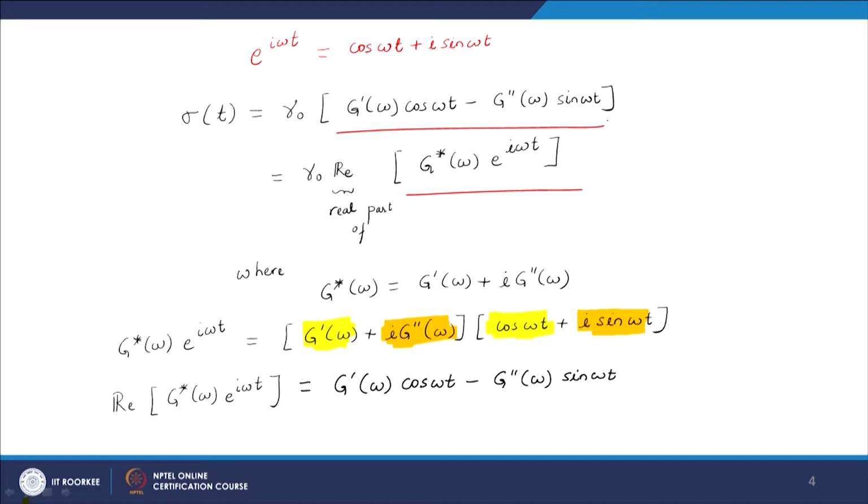Okay. So, instead of working with two functions, I can work with one function that is complex in nature, and in that complex function the real part is my storage modulus that characterizes the solid nature of it, and the imaginary part is my loss modulus that characterizes the liquid nature of it.